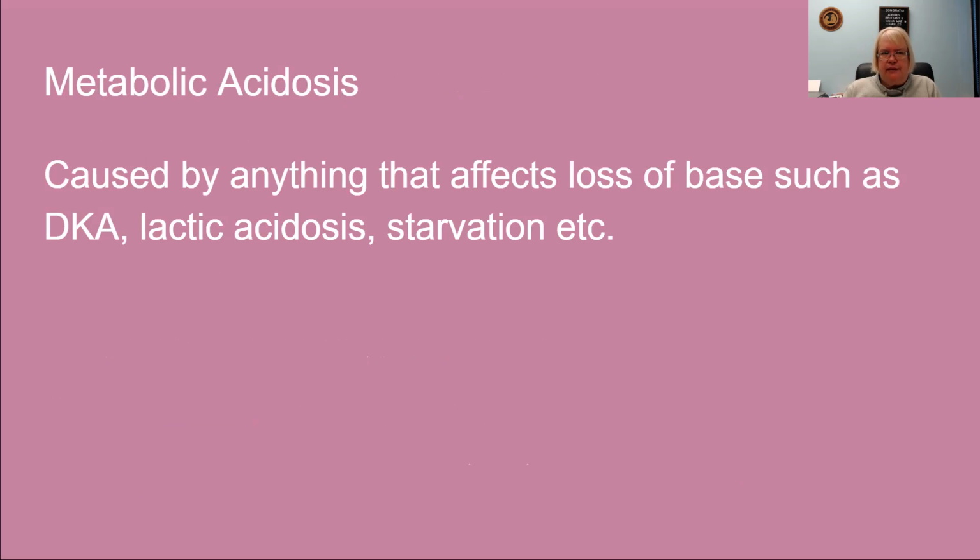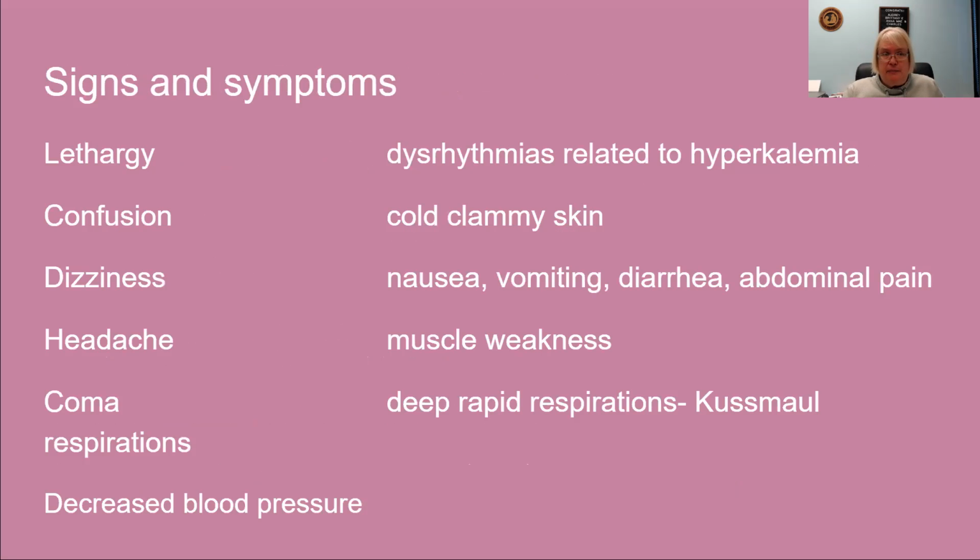Metabolic acidosis is caused by anything that affects the loss of base, such as DKA, lactic acidosis, or starvation. Signs and symptoms would be lethargy, dysrhythmias related to the hyperkalemia, confusion, cold, clammy skin, dizziness, nausea, vomiting, diarrhea, abdominal pain, headache, muscle weakness, coma, deep, rapid respirations, also known as Kussmaul.